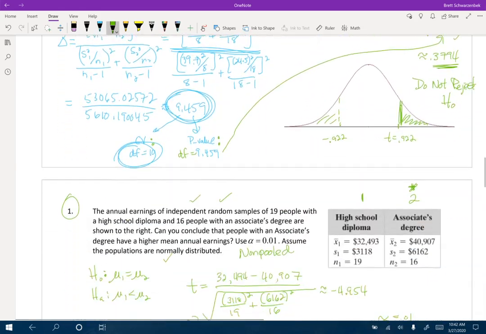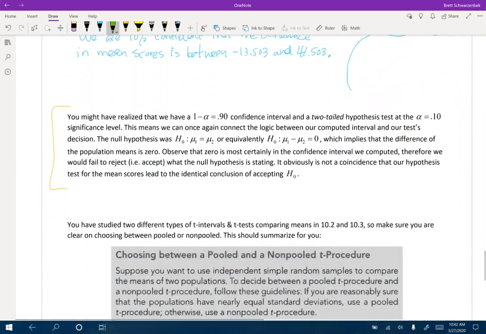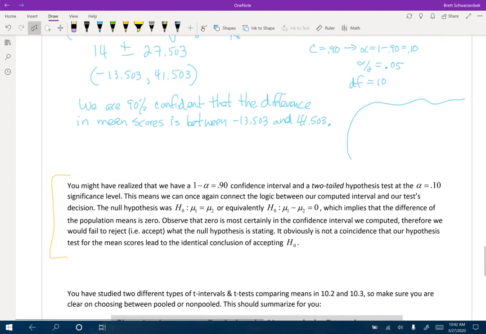So I'm going to rewrite it down here in our problem. Again, we were told that the hypothesis was mu1 is equal to mu2, and the alternative was mu1 is not equal to mu2. Since alpha equals 0.10, and the confidence level for this interval is 90%, and their sum is 1, that means we can use this confidence interval to make a judgment about this hypothesis test.